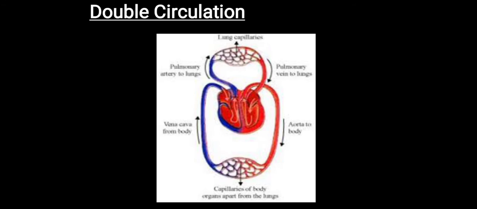Both the oxygenated blood and the deoxygenated blood move into the respective ventricles. That is, from the left atrium, blood moves to the left ventricle, and from the right atrium, blood moves to the right ventricle. So hence there is no mixing up of blood. The blood reaches the heart twice, but there is no mixing up of the oxygenated and deoxygenated blood. So this type of circulation, which we see in birds and mammals, is called double circulation.